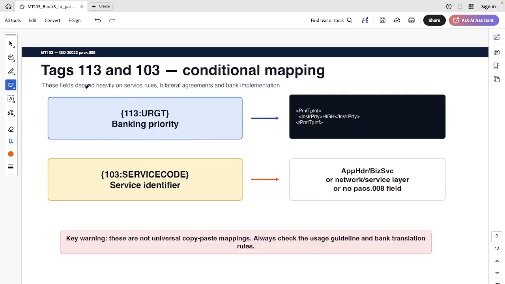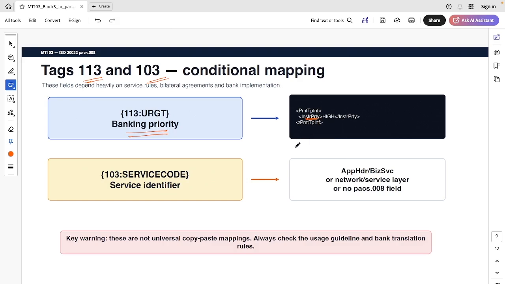Okay, then coming to field 113 and 103. Field 113 basically contains the banking priority. It may carry a code that is agreed between the sender and the receiver or defined by a particular service. The nearest ISO 20022 transaction level concept may be the instruction priority.